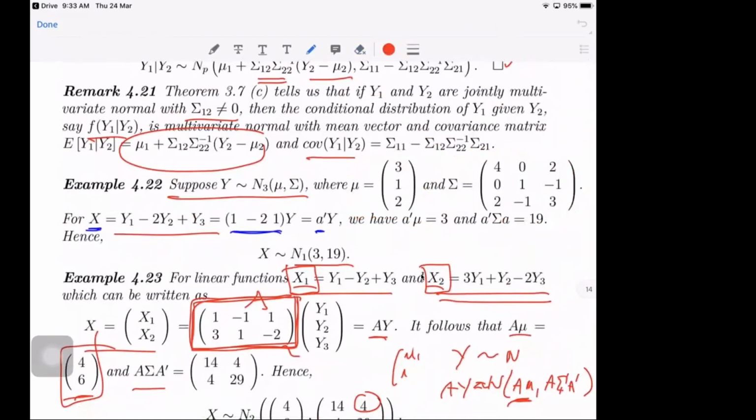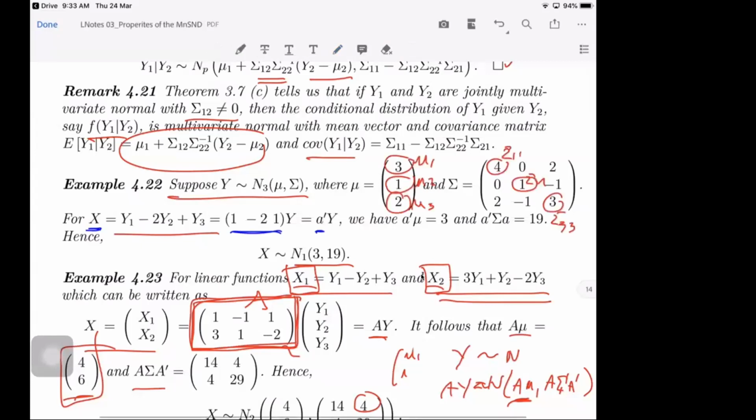Particularly for Y1, this is mu1 and this is your Sigma 1,1. So that is the distribution. For Y2, this is mu2, this is Sigma 2,2. For Y3, this is mu3, and this is Sigma 3,3. So Y1 is (3, 4), which is this.